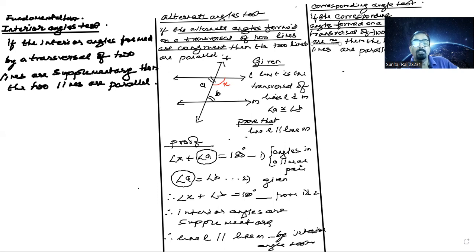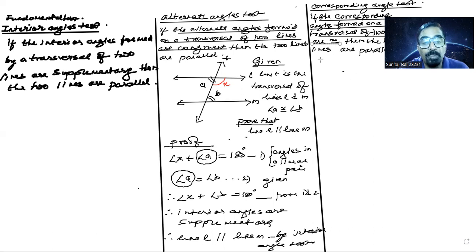When you see like this, the corresponding angles formed on a transversal of two lines are congruent, then what is that? Then the two lines are parallel. So if के बाद जो underline किया, that is your given information. What is that antecedent? The corresponding angles formed on a transversal of two lines are congruent.